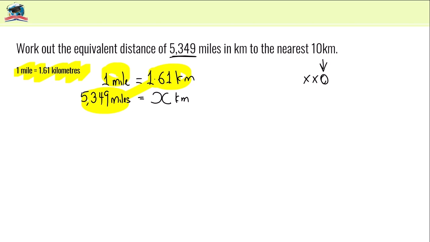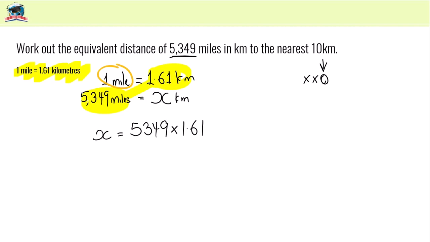So X, which is what you're looking for, will be 5,349 multiplied by 1.61 divided by 1. But anything divided by 1 is the same thing. So let's forget about the 1 and remove it. That should give us the answer.